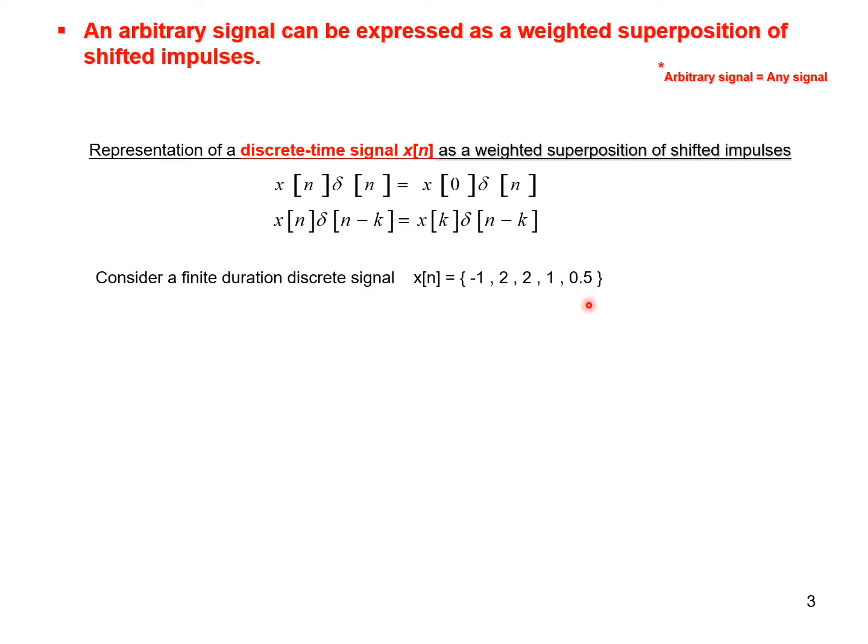But actually here the origin is this second sample. This is n is equal to 0. That means this sample belongs to n is equal to -1. This sample belongs to n is equal to 1. This sample n is equal to 2. N is equal to 3. It is a left-sided as well as right-sided sequence, but only 5 samples, short duration.